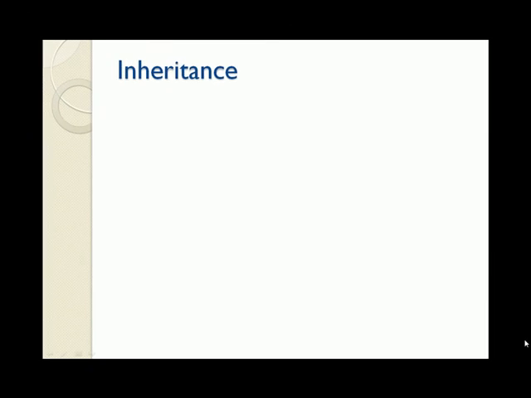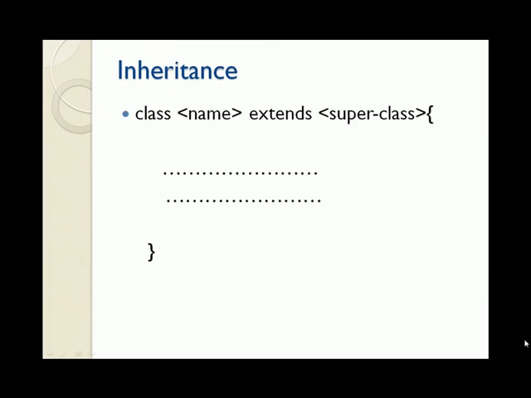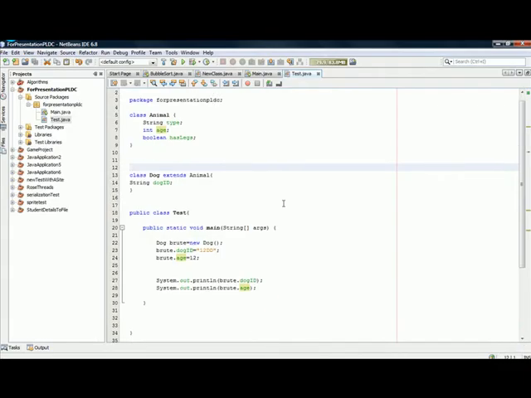Now, how do we represent inheritance in Java? Java uses the extends keyword in order to represent a superclass and subclass relationship. The class keyword, the new class name, the extends keyword, and the superclass name will create a new subclass-superclass relationship. Now let's take a coding example.